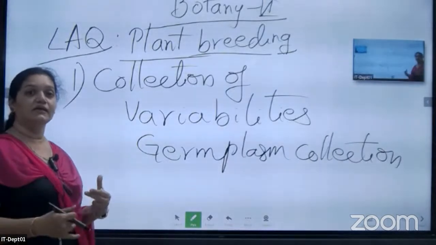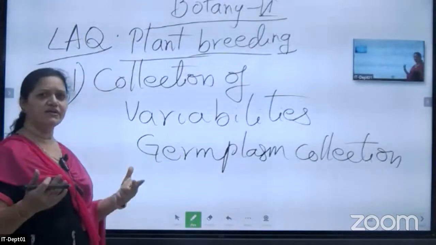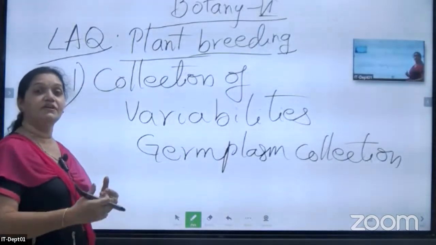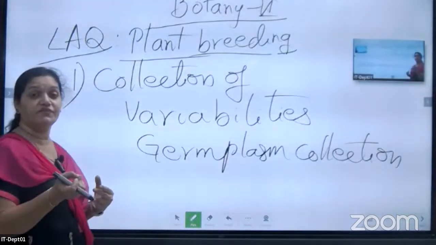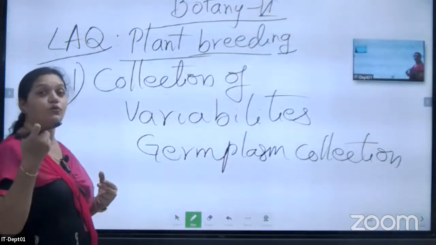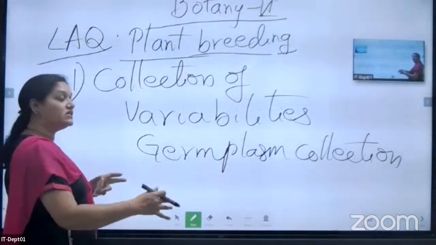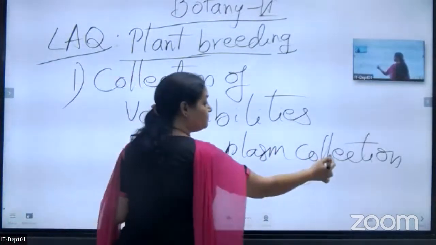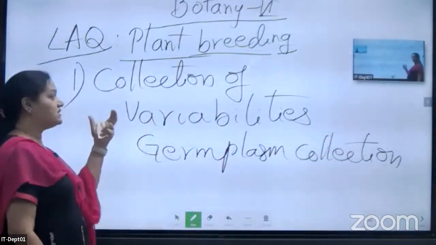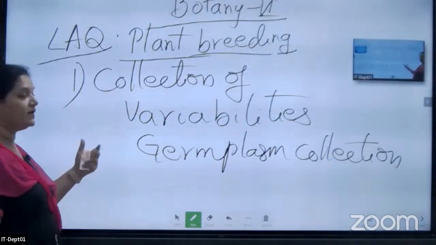In them the same genes won't be there; having different qualities, different genes will be there. Whenever one gene is different from the original genotype and expresses the characters in a good manner, that collection of varieties we call the germplasm collection. And this is the first step we have to write in the plant breeding process.